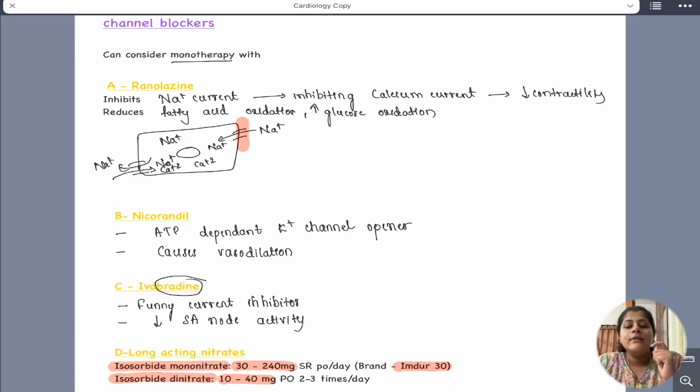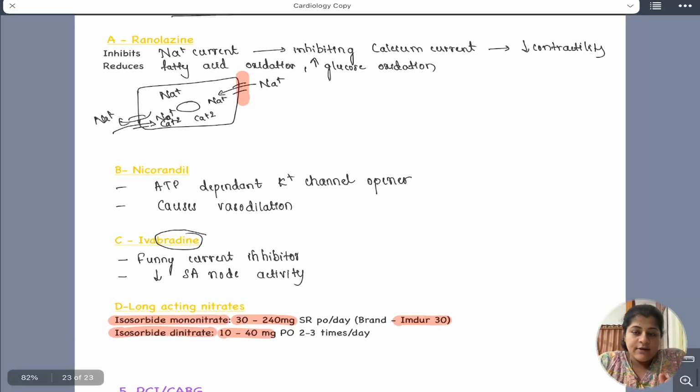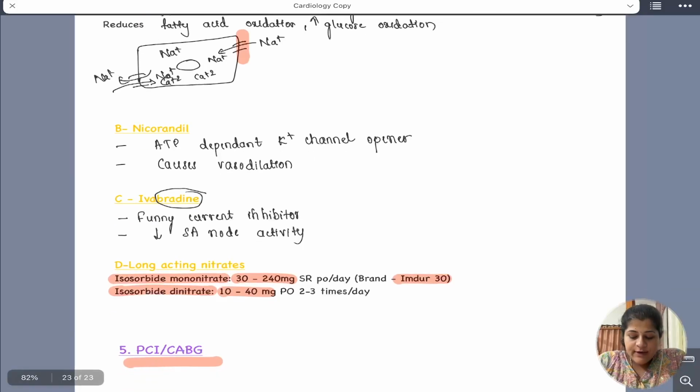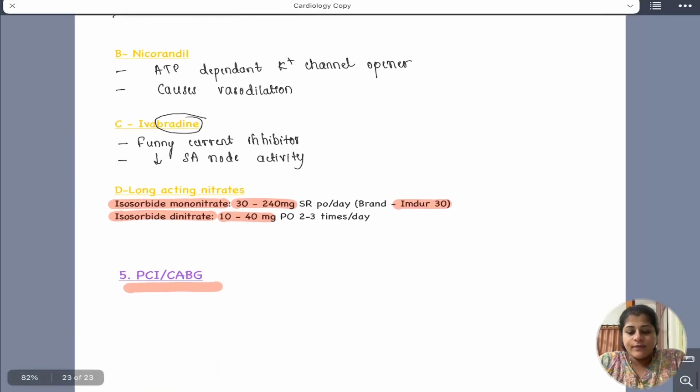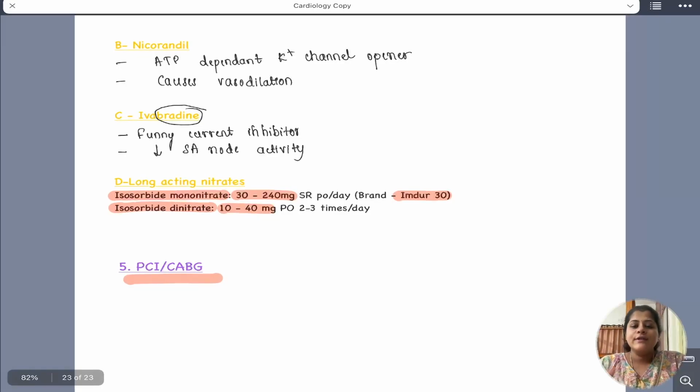Ivabradine, remember the name Brady in Ivabradine, inhibits the SA node, reduces heart rate, and reduces myocardial oxygen demand. Long acting nitrates: isosorbide mononitrate, dinitrate. Mononitrate, remember, 30 to 240 mg SR, Imdur 30. No response, PCI or CABG. So that's it from my side.